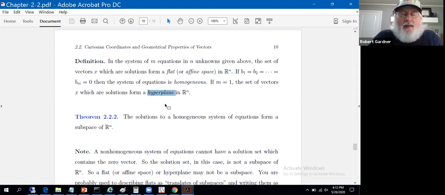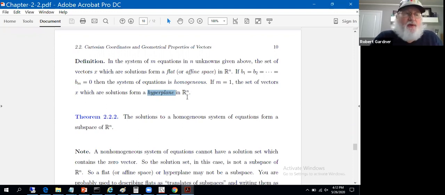So it need not itself be a subspace, but the reason these are called hyperplanes is because think about R3. If I draw a plane, regular old two-dimensional plane in R3, it cuts R3 in half. Yeah, an n-1 dimensional subspace of Rn, it cuts Rn in half.